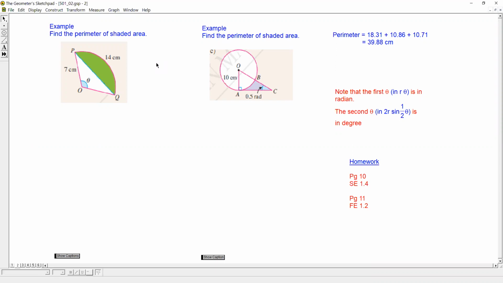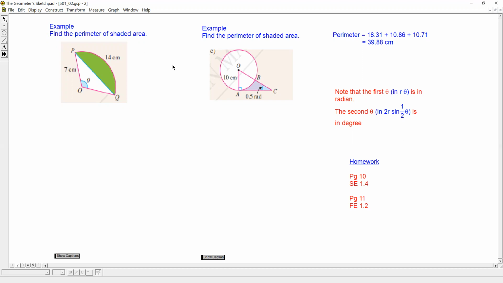Now if you want to find the arc length, or the perimeter, whatever it is, you need to know the angle subtended at the center, which is theta. Do you know theta?